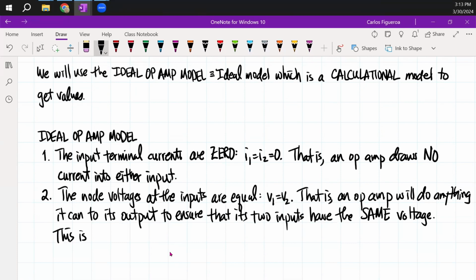This is the role of the negative feedback line.